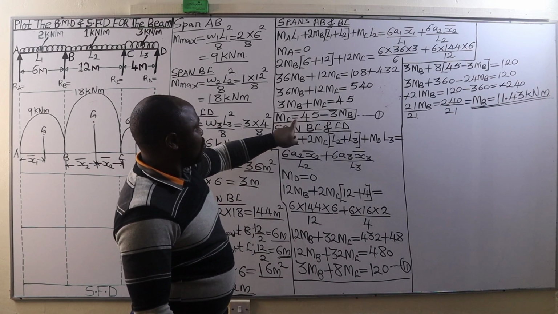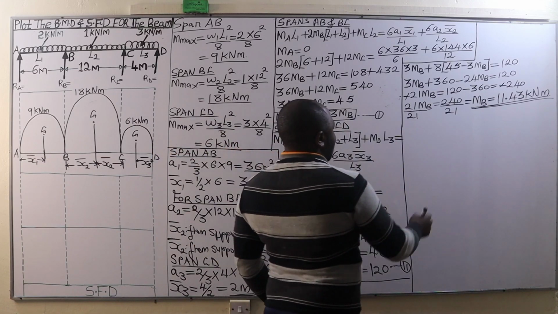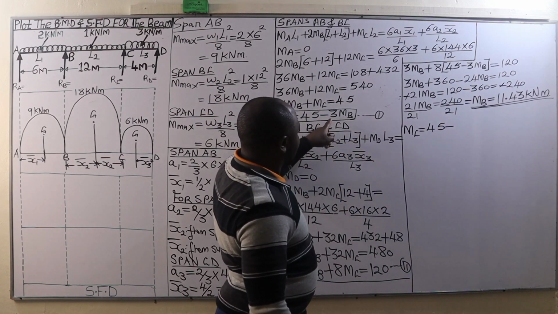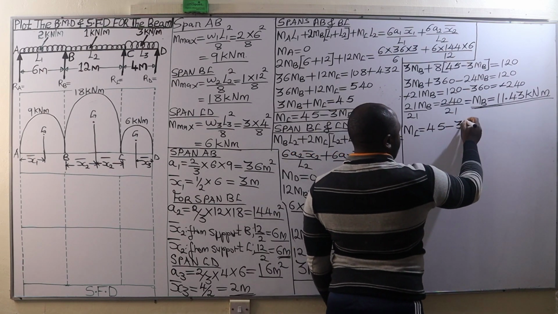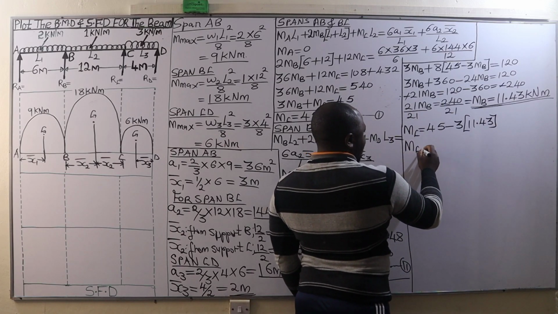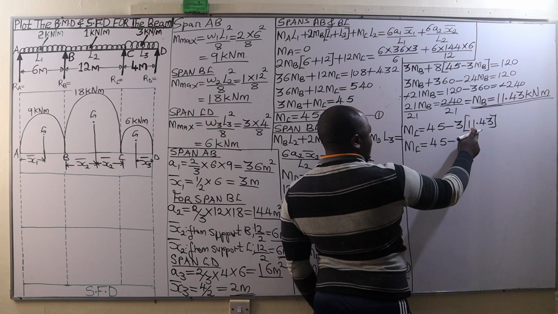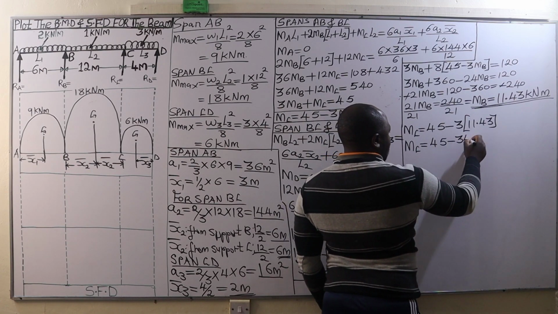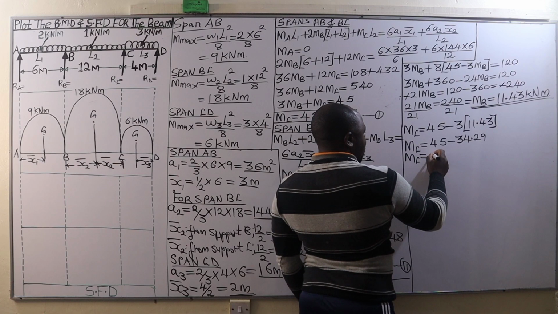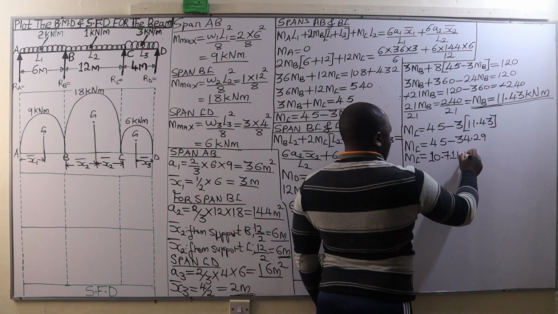We come back here to determine the bending moment at C, since we now have the bending moment at B. And we are going to have MC now will be given by 45 minus 3MB, which is 3 multiplied by 11.43, and that is going to give us a bending moment of 45 minus 3 times 11.43, that is 34.29, and that is going to give us a bending moment at C of 10.71 kilonewton meter.